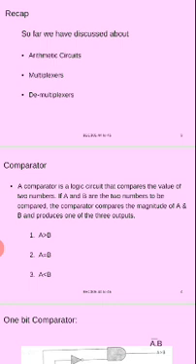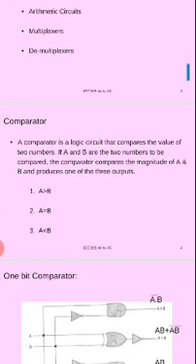Comparator. A comparator is a logic circuit that compares the value of two numbers. If A and B are the two numbers to be compared, the comparator compares the magnitude of A and B and produces one of the three outputs.